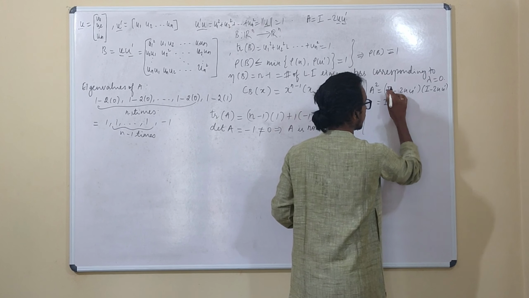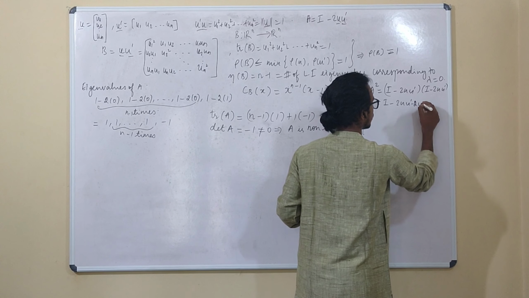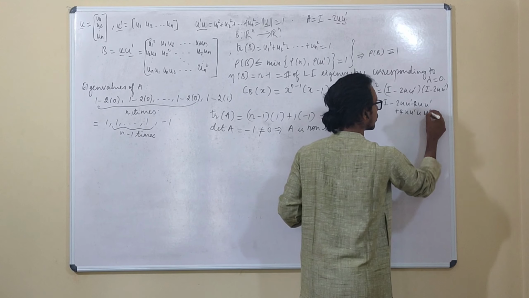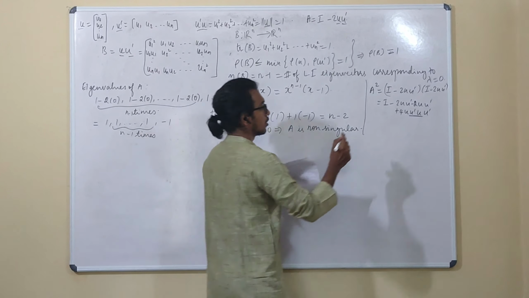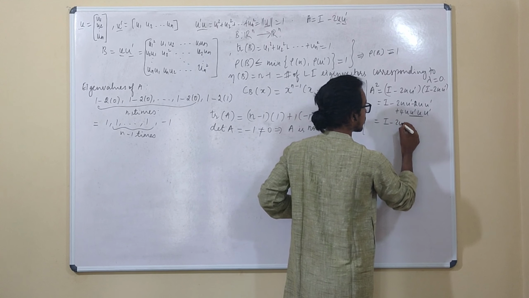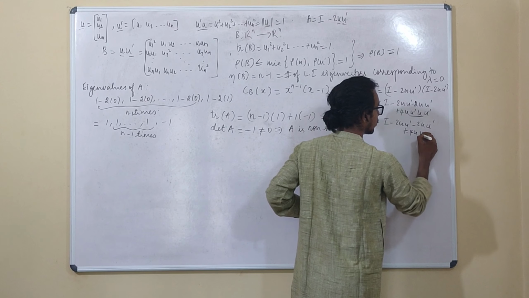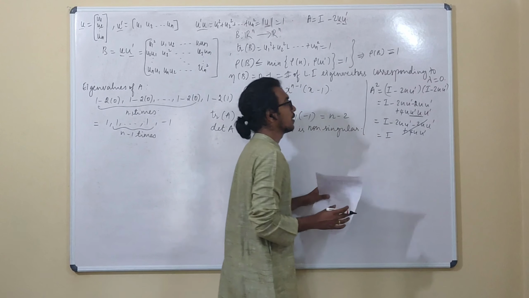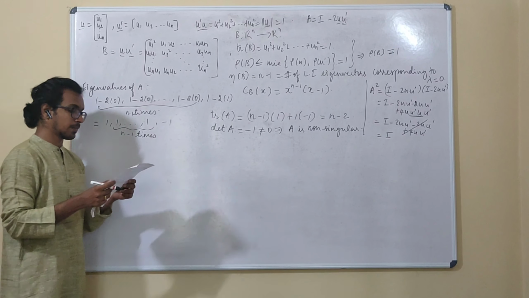So this is identity minus 2 prime, again minus 2 prime plus 4 times u prime u. This value is equal to 1. So this becomes identity minus 2 prime minus 2 prime plus 4 times u prime. All these terms get cancelled, the value is I. A square is I, hence option 4 is right and option 2 is wrong.